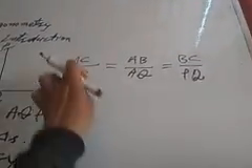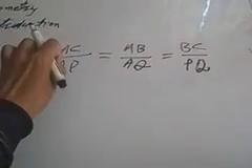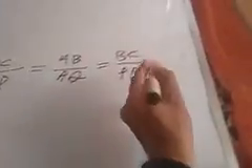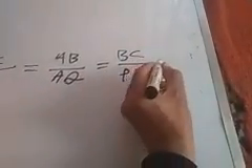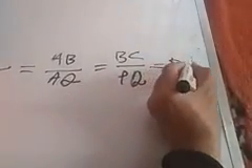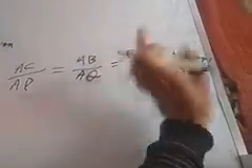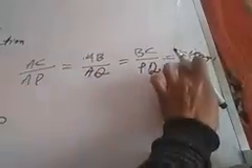So all these sides are proportional. That means AC by AP equals AB by AQ equals BC by PQ. As all three are equal, let us suppose they are equal to K, because their ratio is the same.